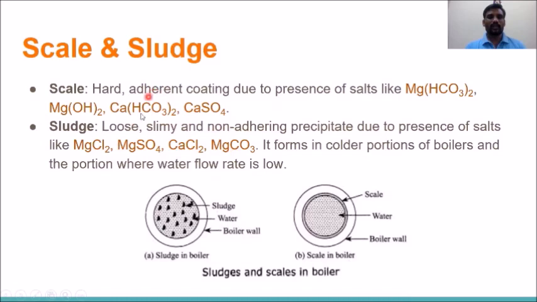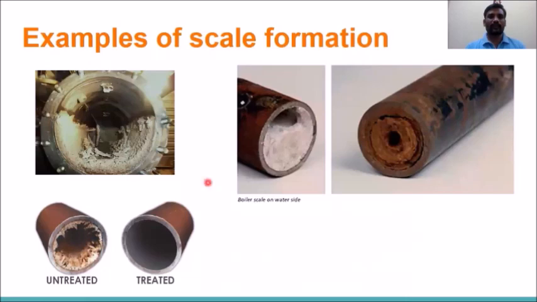These scale and sludge schematic representations are given here. Scale is the inner layer, a strong adherent precipitate which is deposited inside the boilers. Sludge is the loose precipitate which can be deposited at the bottom or top of the layer. You can see some examples of scale formation.